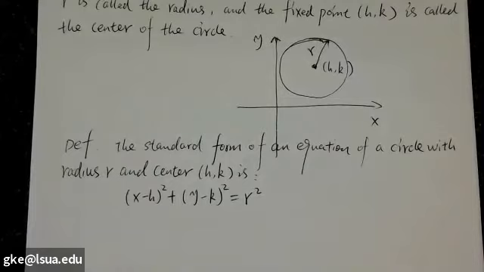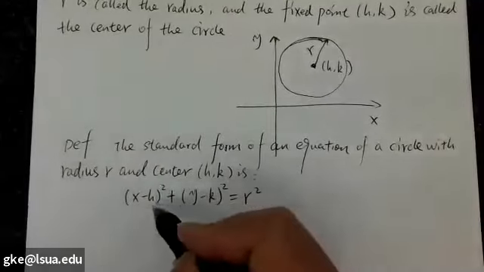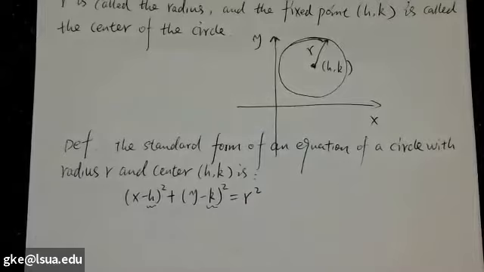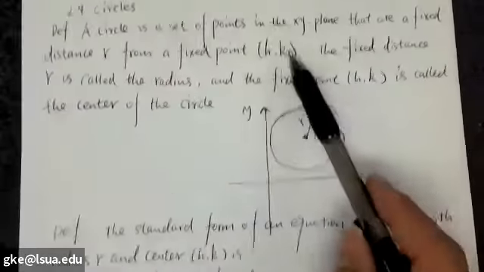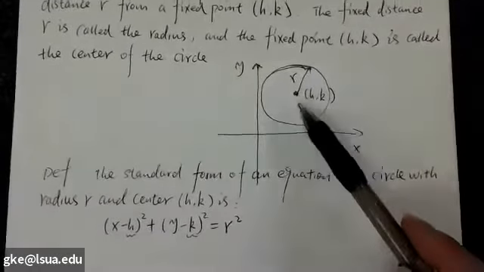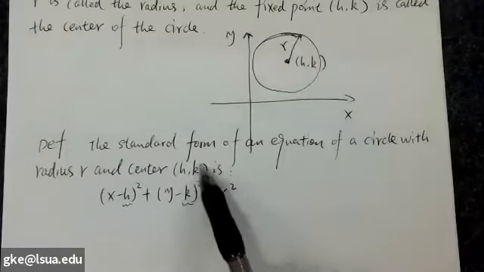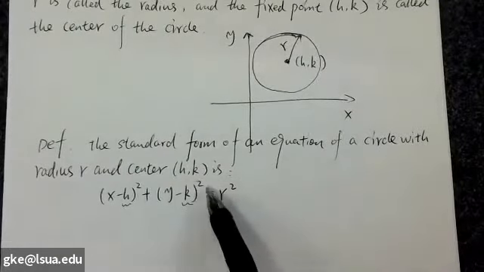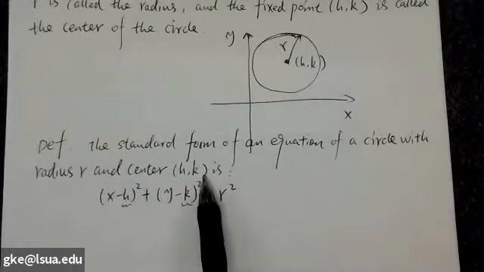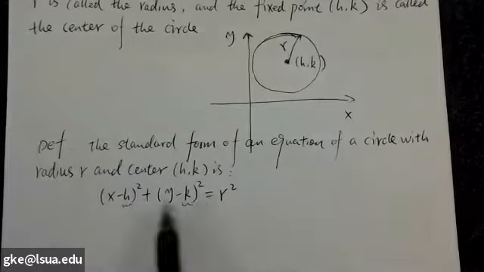Let me explain this equation to you. There are two important things you need to be careful about. The first thing is x minus h and y minus k. That's one point, corresponding to the fixed point, or the center. The center is (h, k), with the x coordinate h and the y coordinate k.